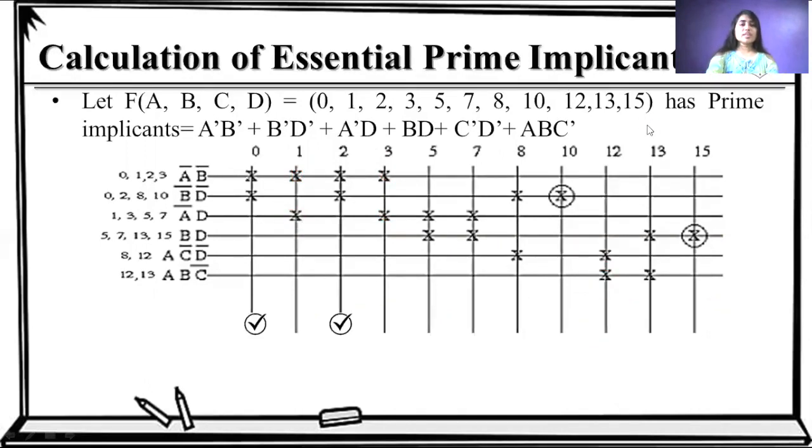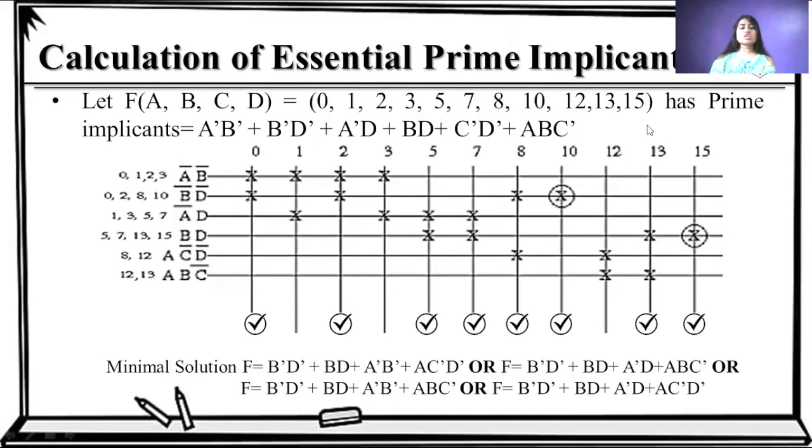So here we have the terms which are covered by essential prime implicants and the remaining terms. So we have a minimal solution like this. B'D' plus BD, these are essential prime implicants, so they must be in the minimal solution, and 1, 3 and 12 are not covered by these essential prime implicants. So we have to add terms which cover 1, 3 and 12.